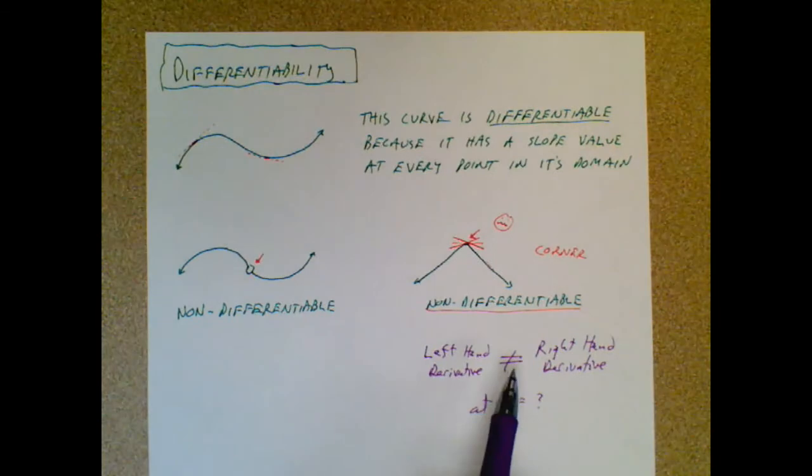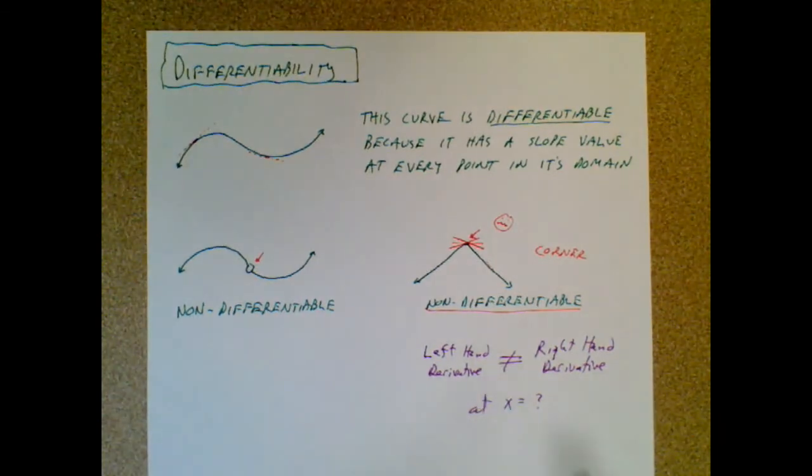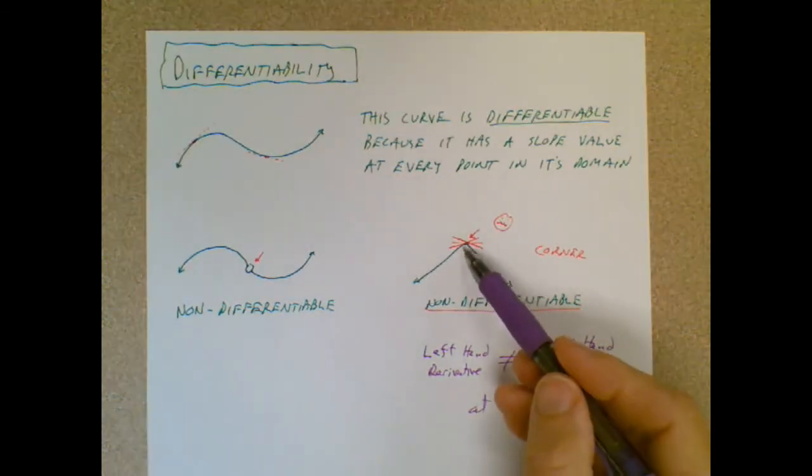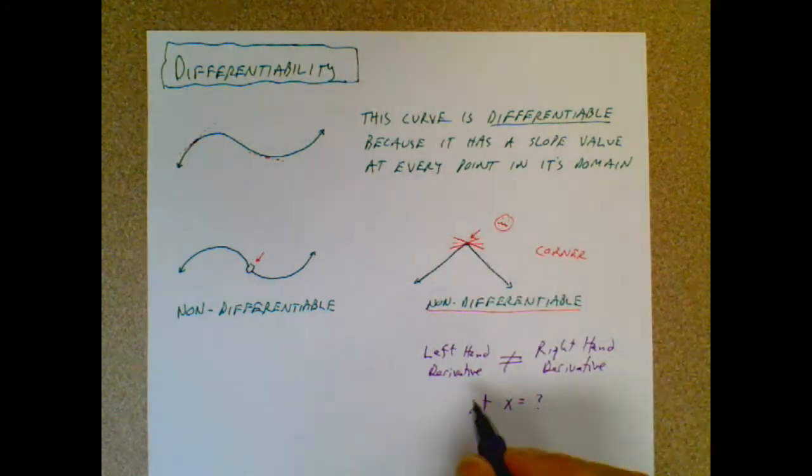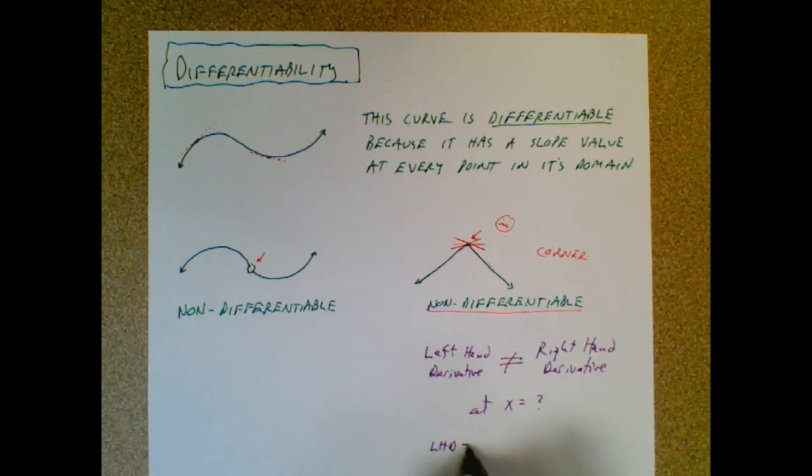But a corner point, if you want to get very analytical about it, has this phenomenon that just to the left of that point, my slope might be, say, positive 2. So I could say left-hand derivative equals positive 2.